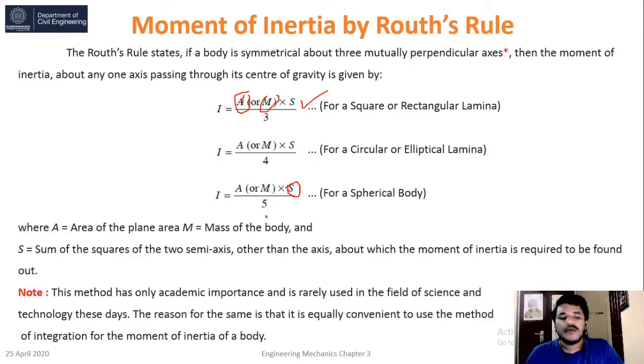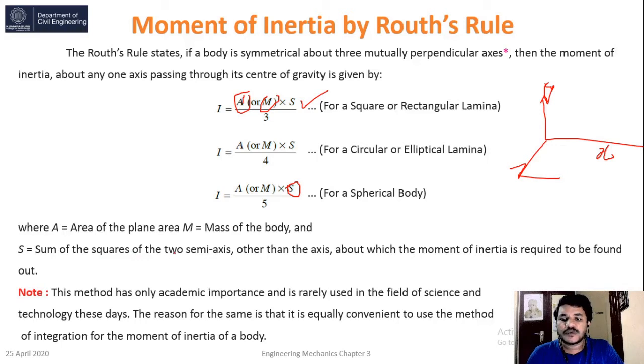So S is, suppose you have 3 axes, okay, so this is Y and this is Z and this is X. You have 3 axes, and with respect to one axis you are going to find the moment of inertia. So you exclude that axis and consider these 2 axes.